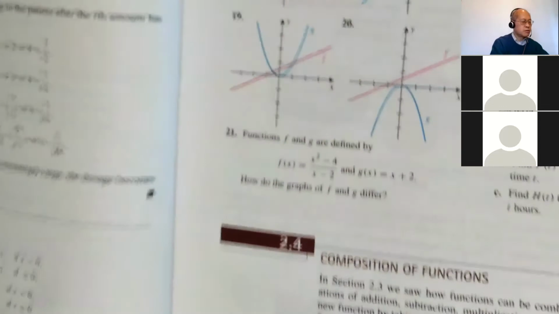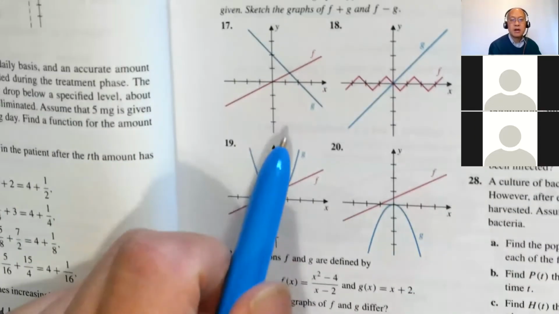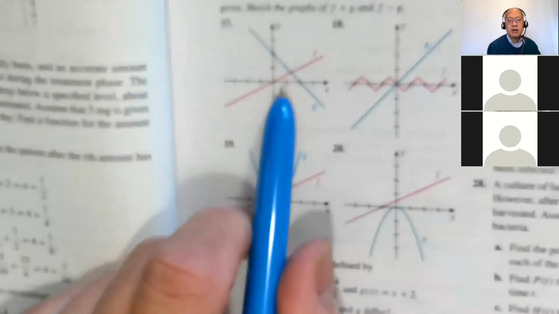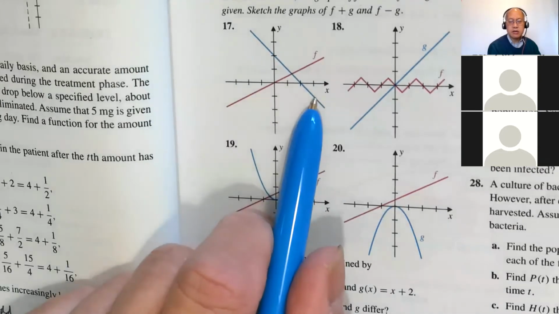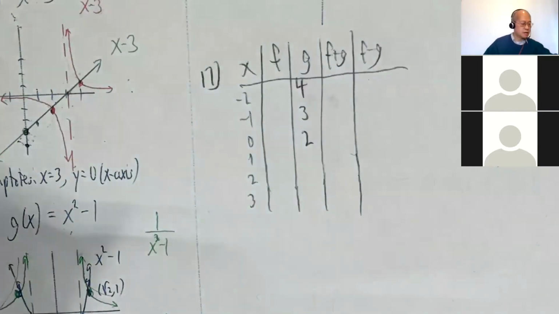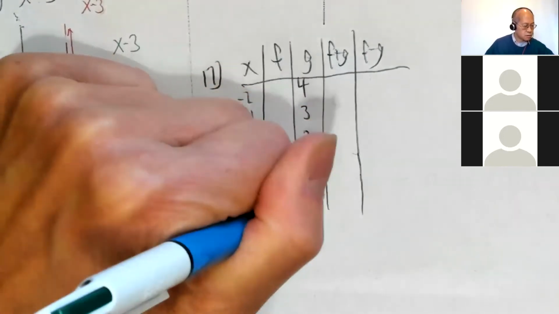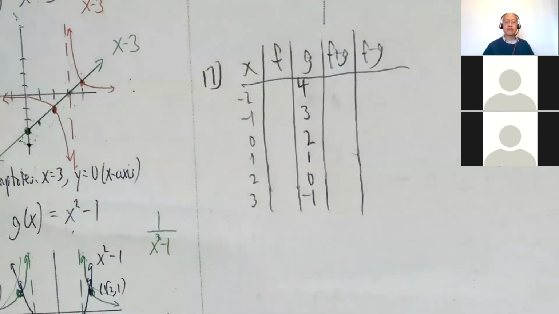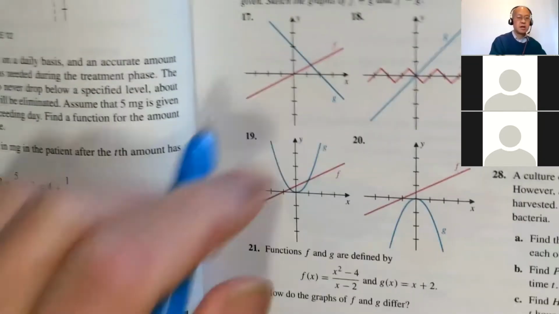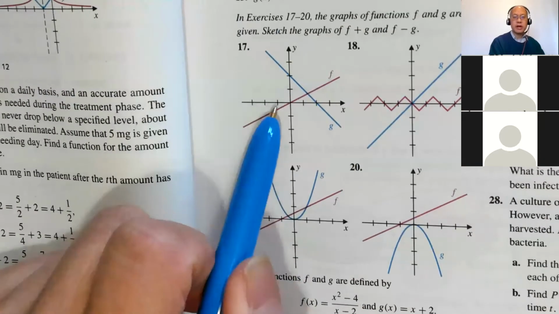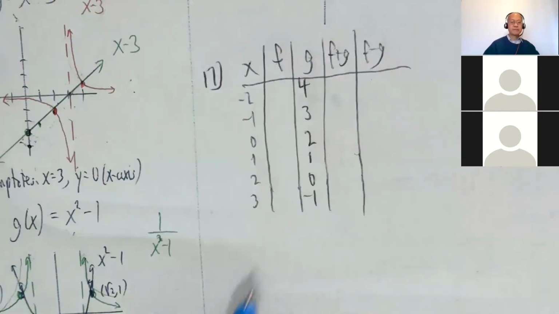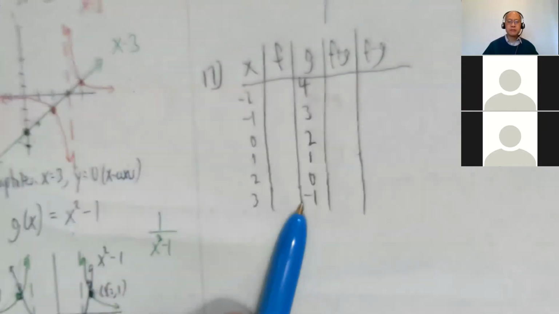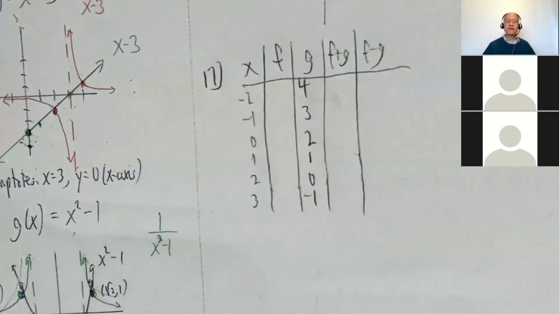And then 1, 2, 3: 1 gives 1, 2 gives 0, 3 gives -1. It just goes down in a linear fashion. I'm just reading off the graph for the g function: -2, 4; -1, 3; 0, 2; 1, 1; 2, 0; 3, -1.